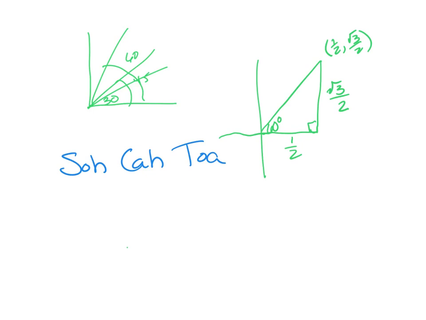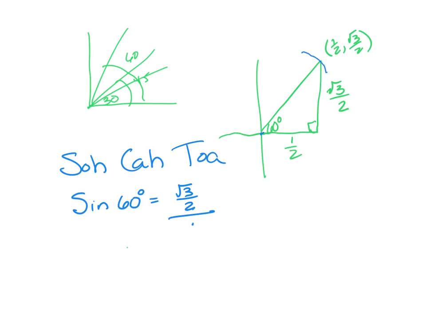So the sine of an angle, Some Old Hippie, sine of 60 equals opposite over hypotenuse. What's the hypotenuse of this triangle? If it's the distance between the center and the edge of the circle, what does it measure?